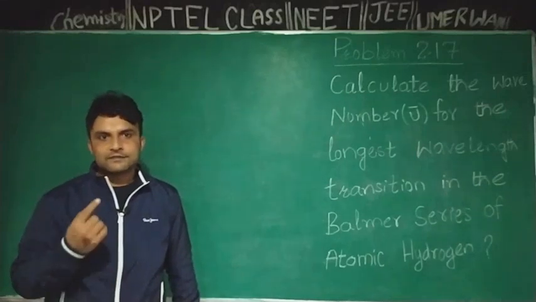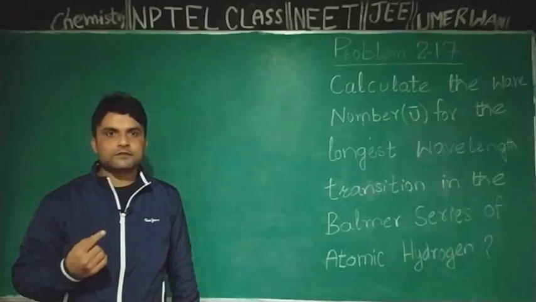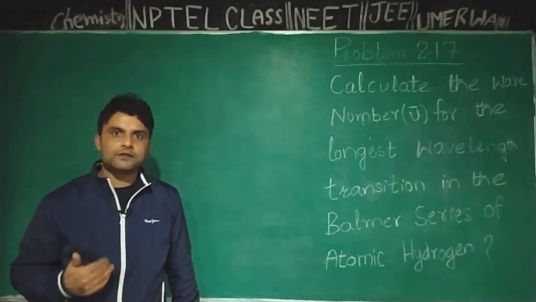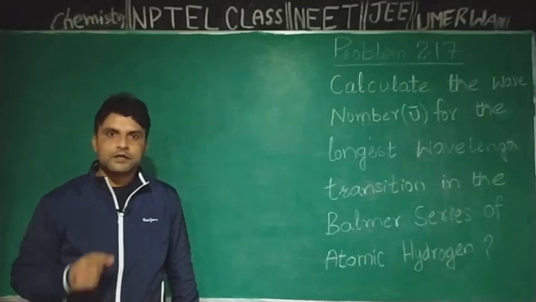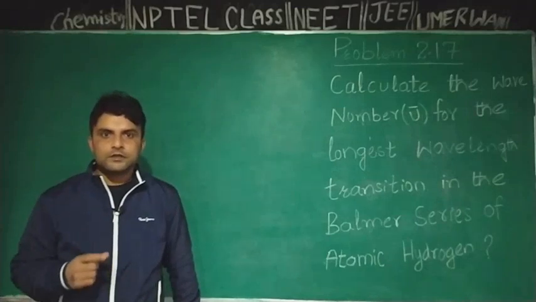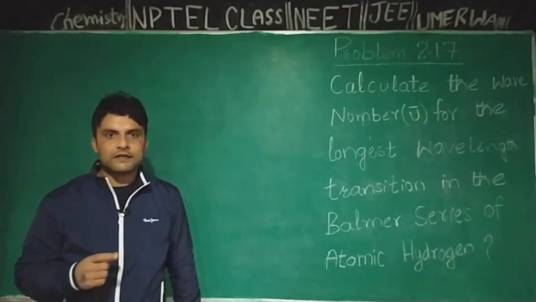So a single electron present in the fifth excited state has multiple routes available to come back to n equal to 1. Each route, each pathway, involves an electron jump or electron transition.